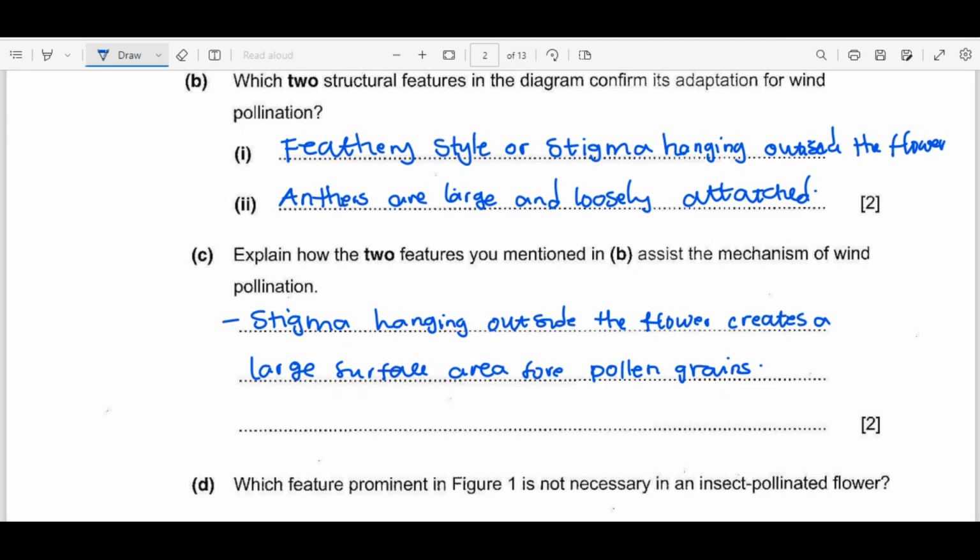As the pollen grains are moving from the anther to the stigma, they need to have a large surface area where they are falling.